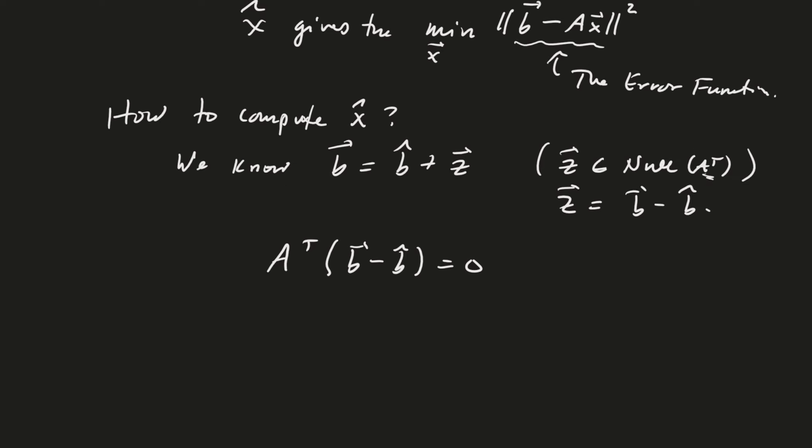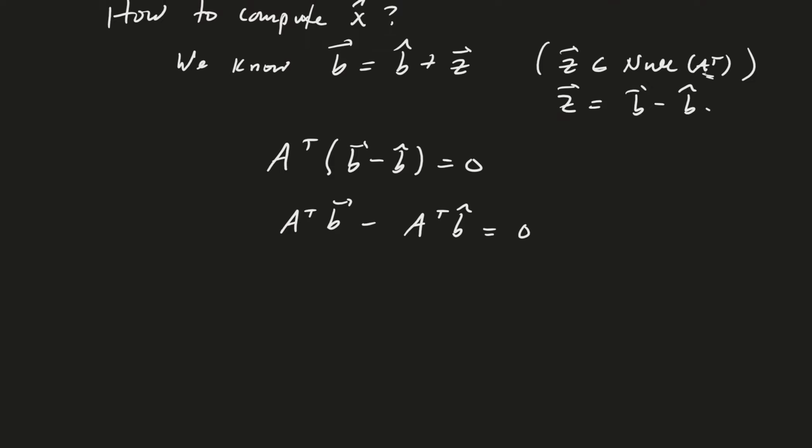Okay, so that means that A transpose b minus A transpose b hat is equal to 0, right? And let's go ahead and substitute in now for b hat, because A times x hat is equal to b hat. We can rewrite this as A transpose b minus A transpose A x hat equals 0.